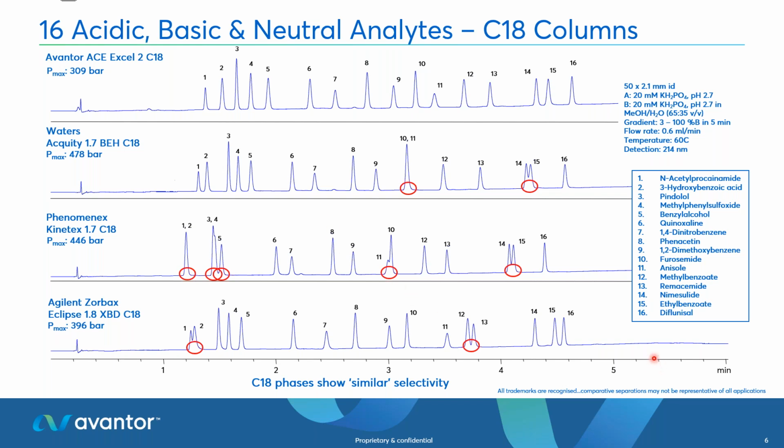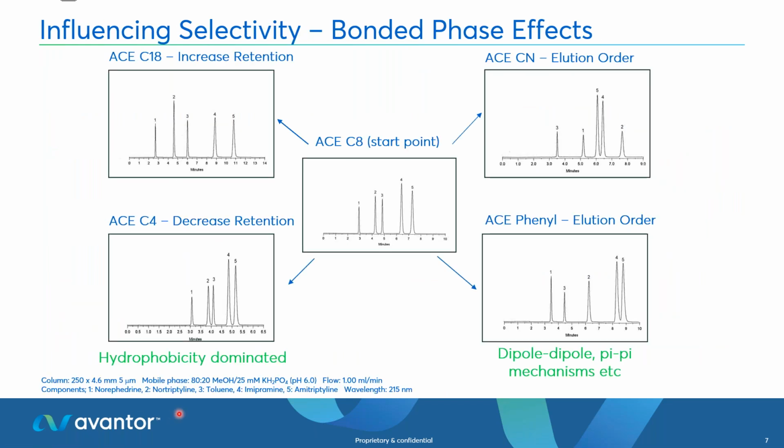It's not really a significant change in selectivity if you just use a different vendor's C18, but if you go to some of the other bonded phases, then you start to see real differences in selectivity, in alpha, in the peak elution order, in the peak shape, and sensitivity as well. So here's my little taster. Come back for part 2 and we'll talk a bit more about column chemistries.